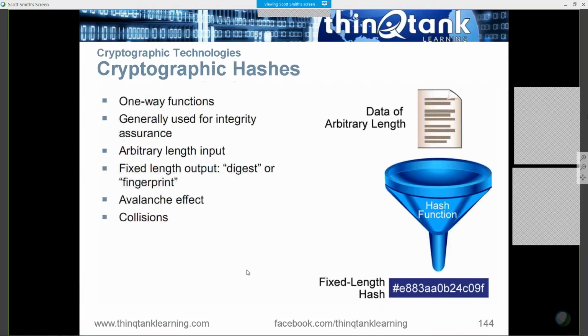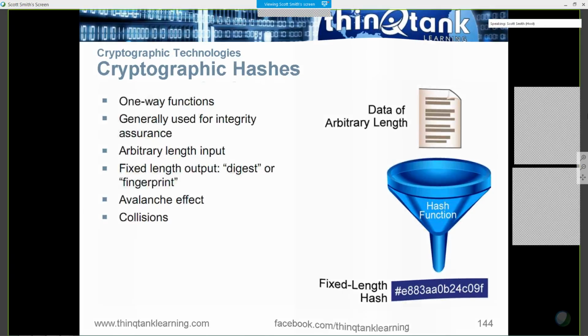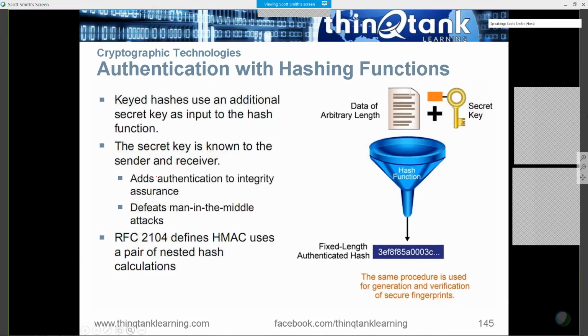All right? Here's the problem, though. When you have a hash, what's to stop somebody from intercepting that data and modifying it and recalculating the hash? I mean, think about it. Here's your hashing function. All right? You got your data, which goes into the funnel. Out comes your MAC. Right?